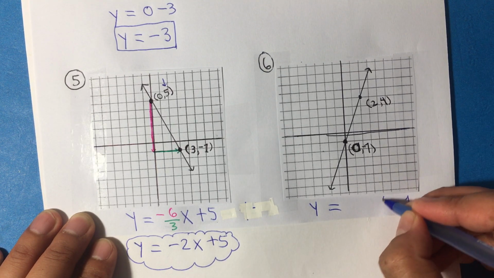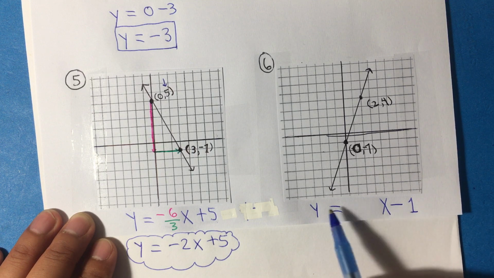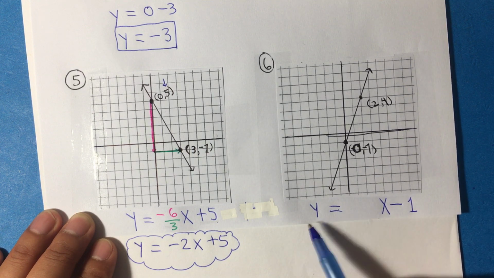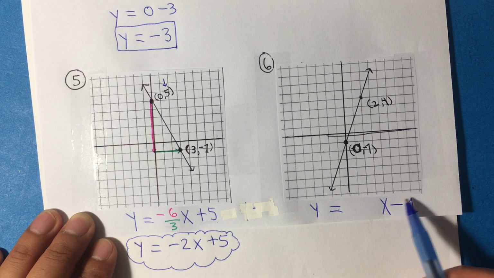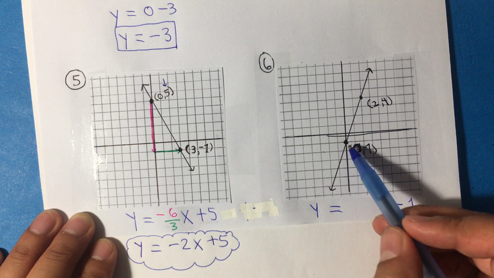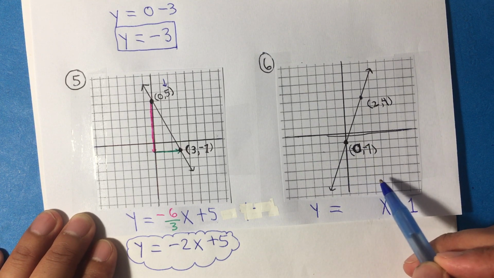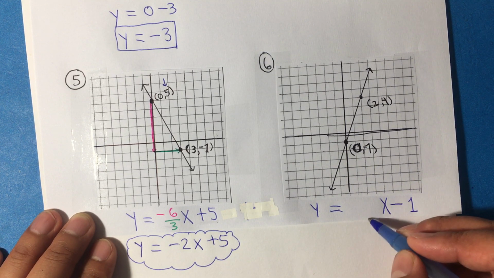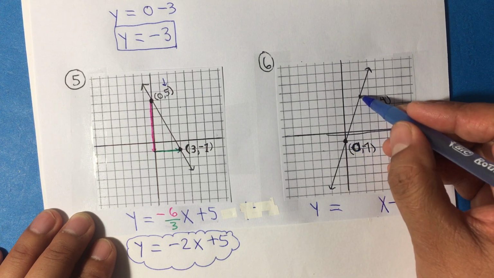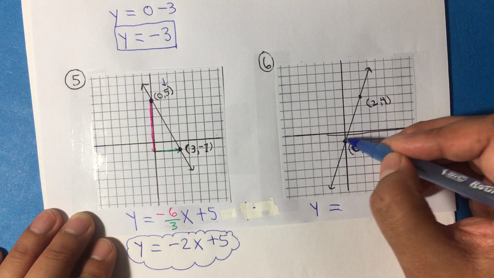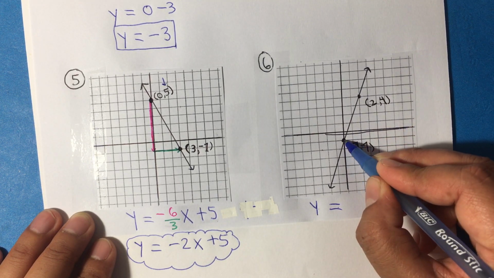You always put x as part of your equation, so y equals x is always there. You're just replacing the slope and the initial point or y-intercept. What is the y-intercept? That point. And it's only the y value, okay, -1. What is the slope? Let's count. Which one is farther to the left? That's where you start counting.